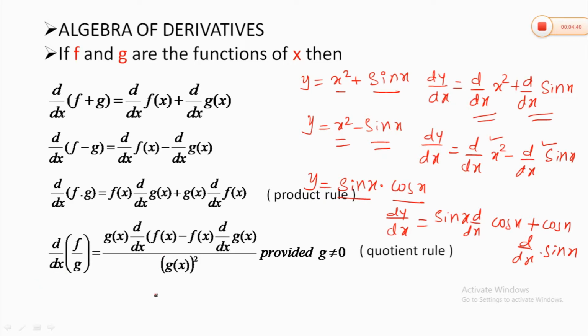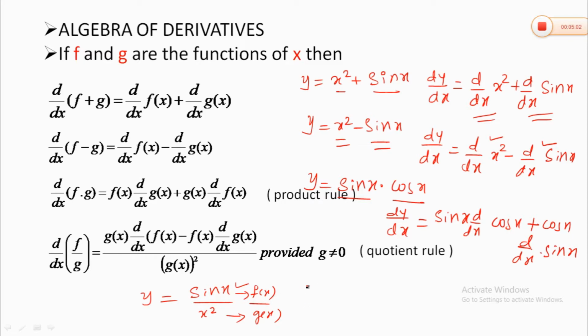So let us consider example y equal to sin x upon x square. So here this one is numerator, that is f(x), and x square is g(x), sin x is f(x).